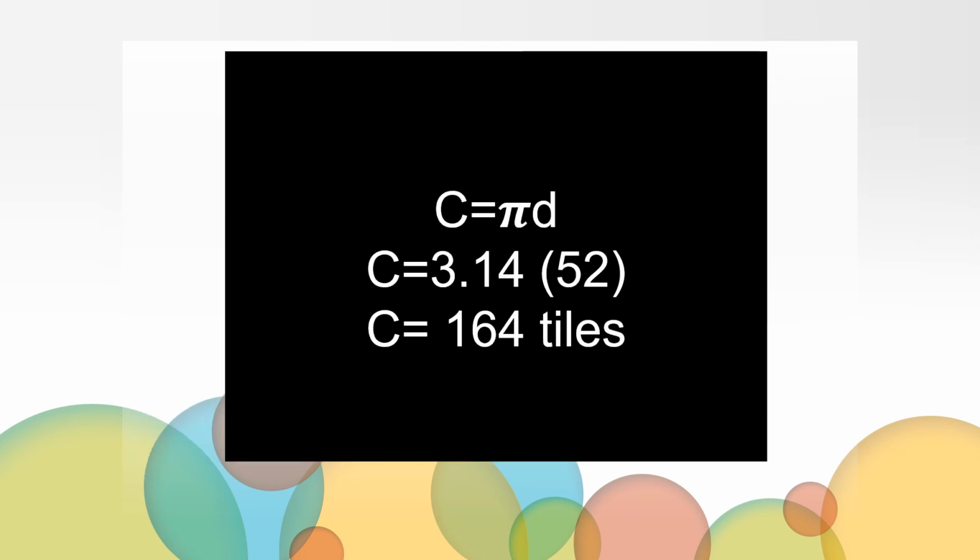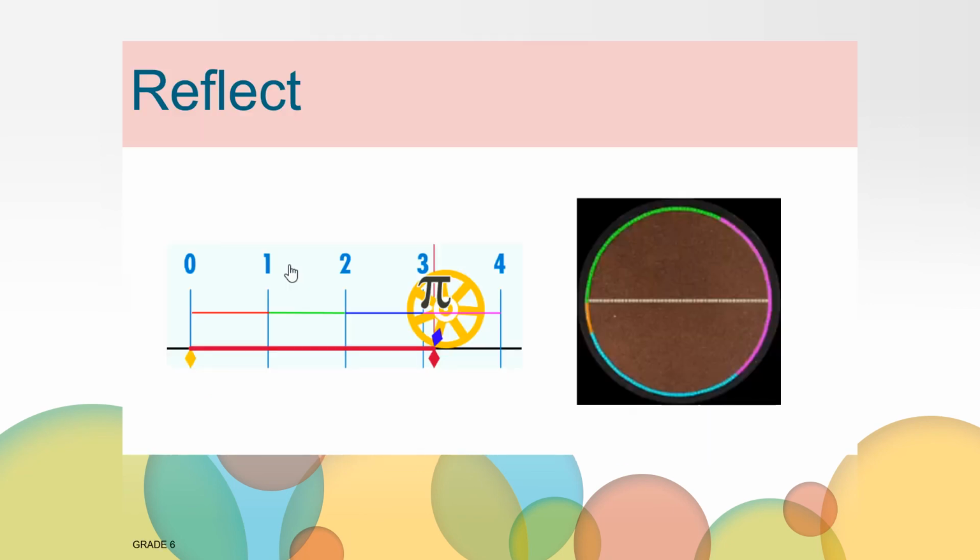As you can see, we can multiply the diameter of 52 tiles times pi, or 3 14/100ths, to get a circumference of 164 tiles.